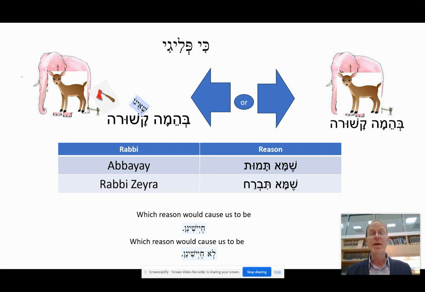Did you get it right? The case that we don't have to worry about is the case of the animal that is not tied up. So this case right here. Why is that? And that's question number 18. Why is it that we don't need to be worried about the deer that is not tied up?